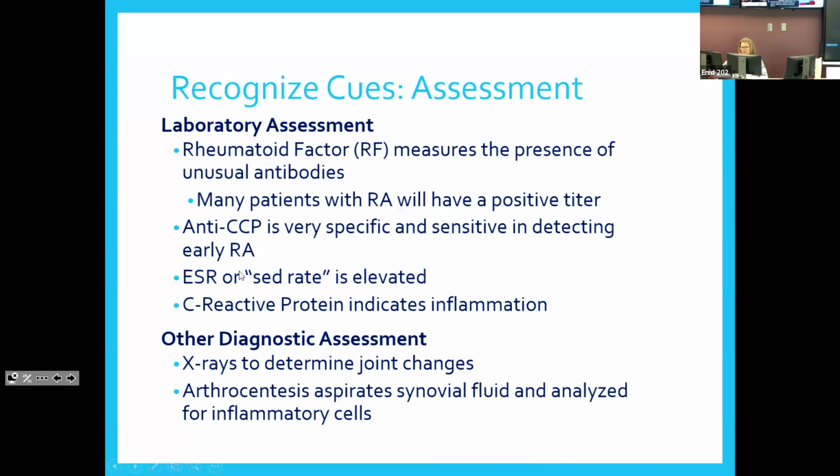They'll also check their SED rate, or ESR, to see if it's elevated, and the C-reactive protein, which indicates inflammation in the body. They can also do x-rays to determine joint changes, and arthrocentesis, which aspirates the synovial fluid, the fluid between the joints, and analyzes it for inflammatory cells.